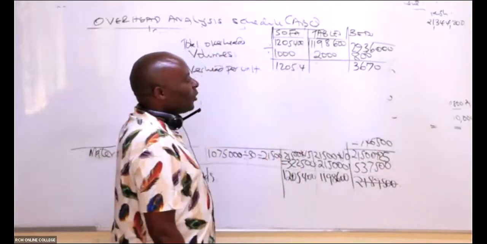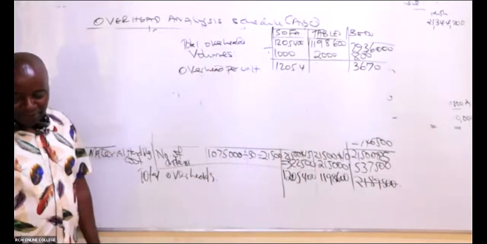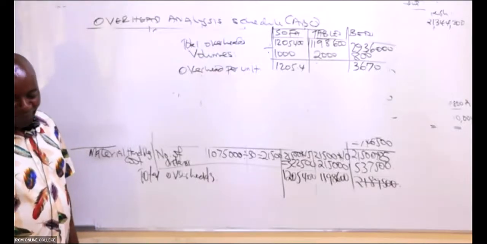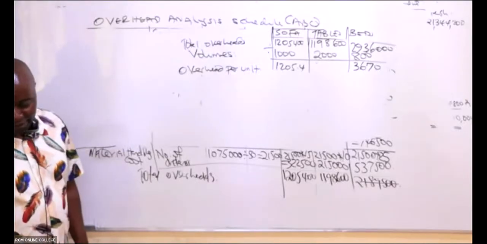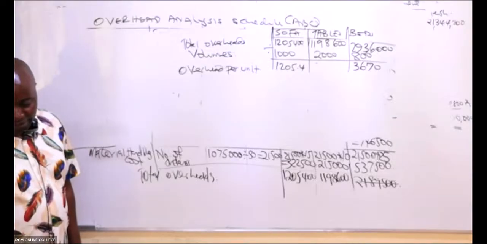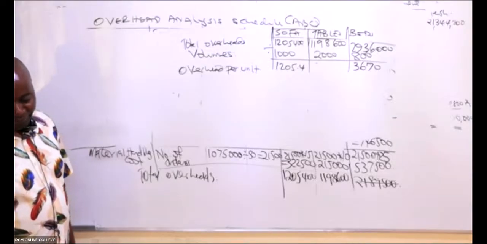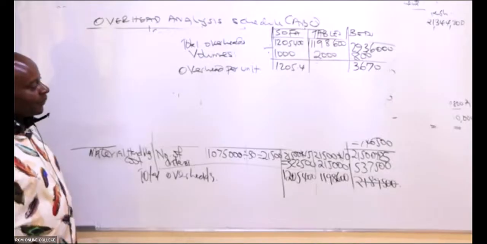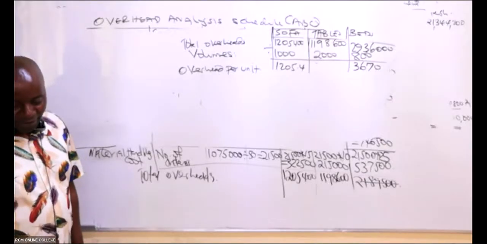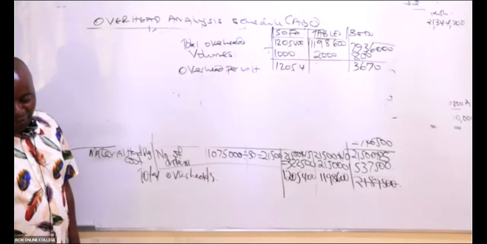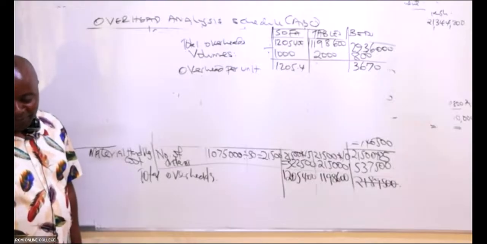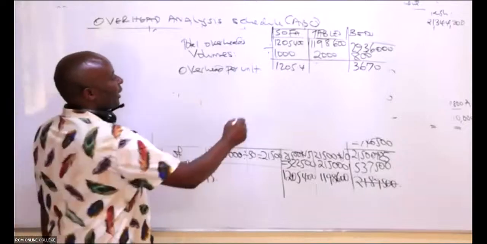How about the tables? 29,36,000. So tables. Why online students, I can't hear you at all. 599 point.